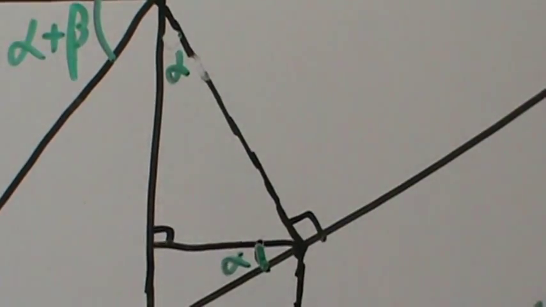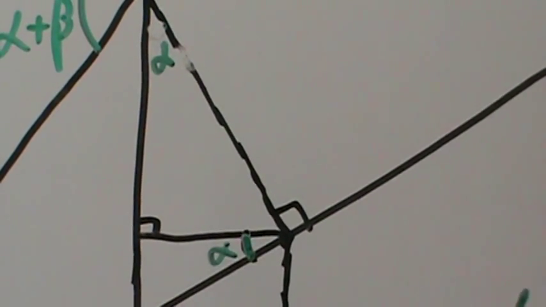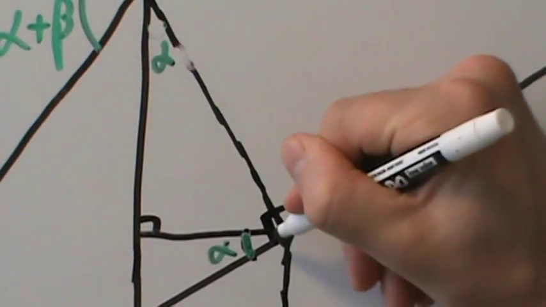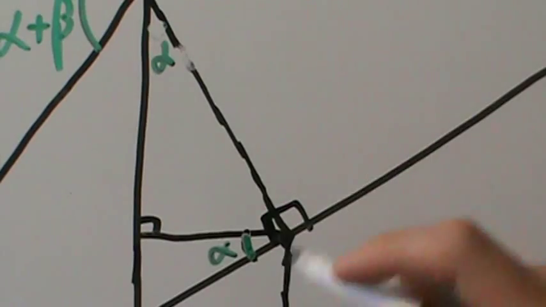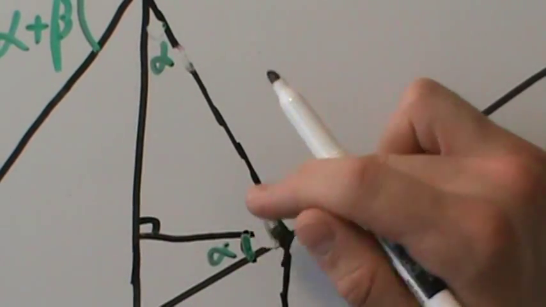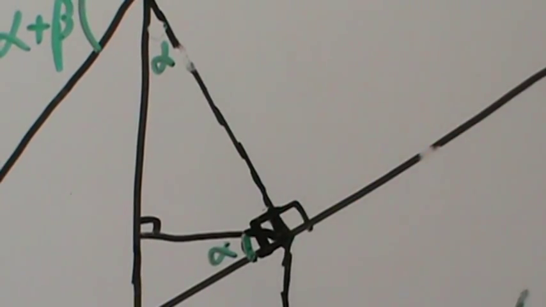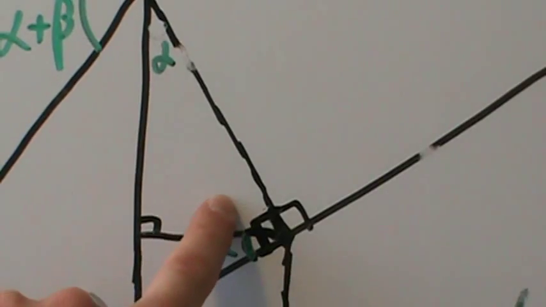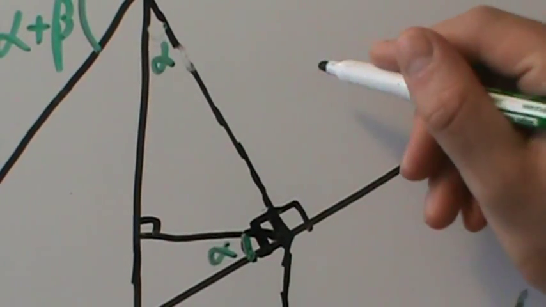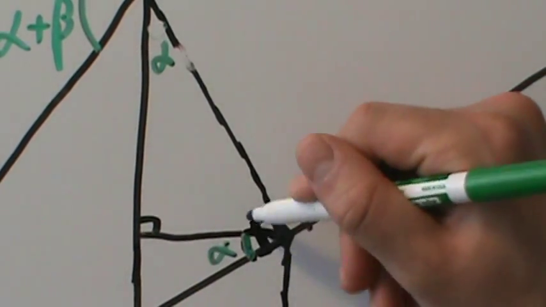Why is that true? Well, because since this is 90 degrees, then this entire thing right here is also 90 degrees. Okay, so this whole thing is also 90 degrees right here. So if this piece right here is alpha, then this has to be what's left over, which is 90 degrees minus alpha. Okay, this whole thing is 90 degrees.